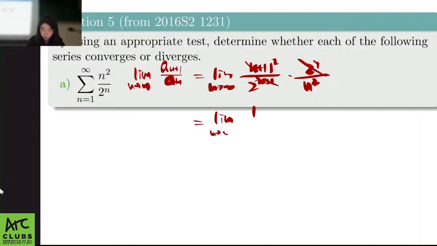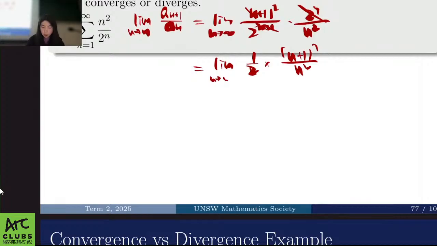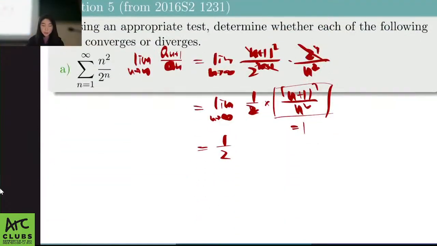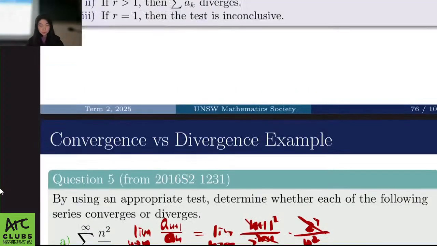This is essentially a half multiplied by (n+1) squared over n squared. If you use limit techniques and divide top and bottom by n squared, its highest term, the limit of this is 1 as n goes towards infinity, so the overall limit is equal to a half. And using the ratio test, this means the ratio is equal to a half, which is less than 1, which means the series is going to converge.